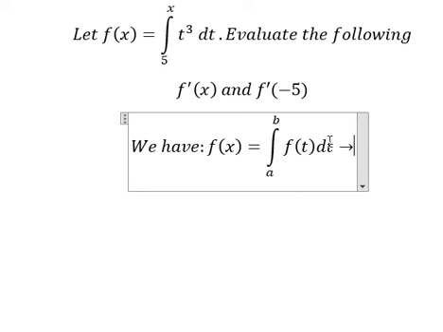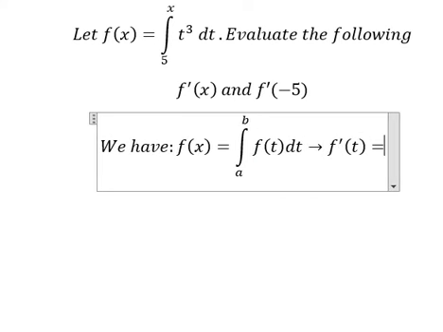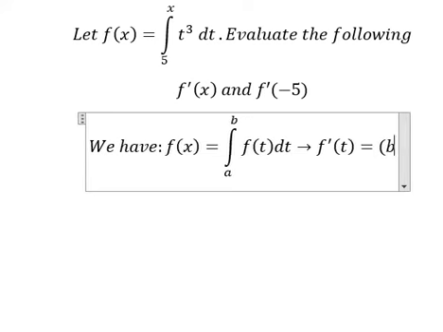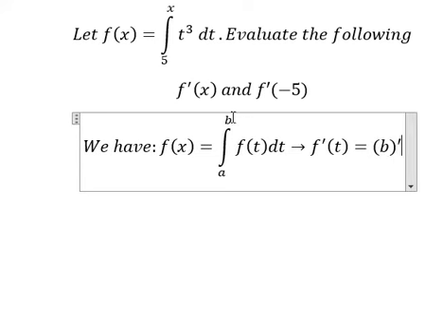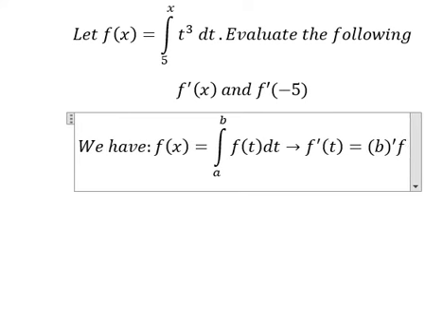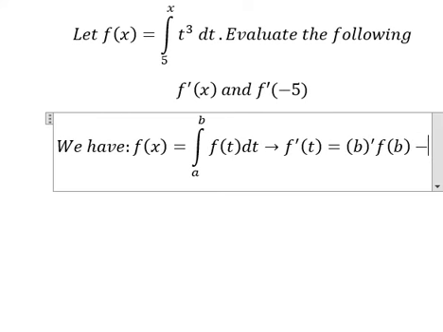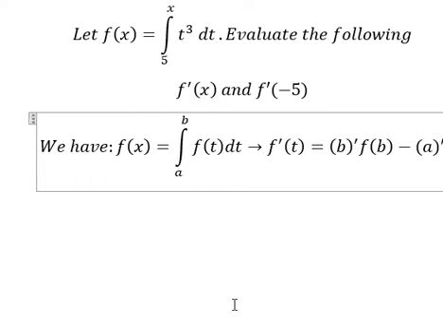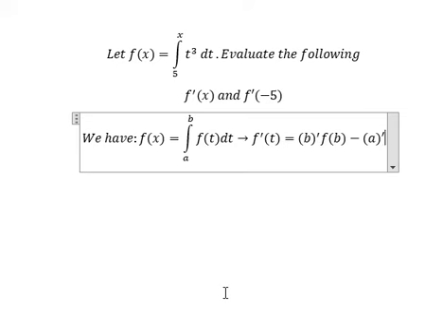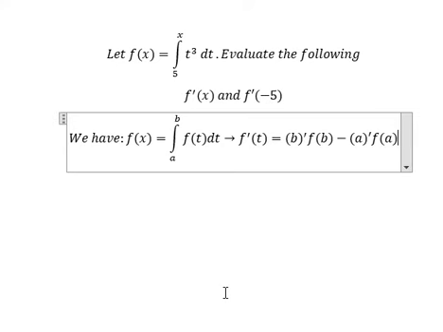So if we do the first derivative, we need to do the first derivative of b, and later the value of the bound will be put inside f(t), so you get f(b). Later, because this is about the bottom, we need to have the negative sign here. So we do the first derivative of a multiplied by f(a).